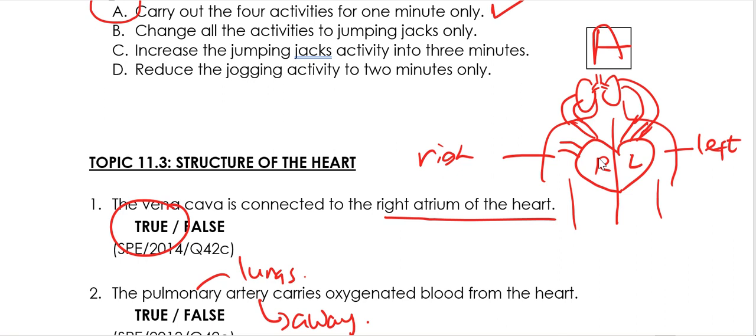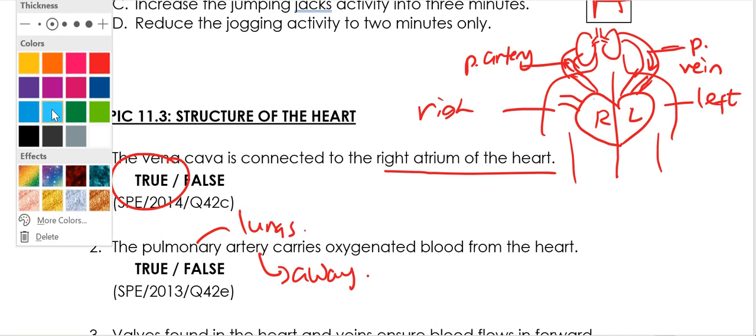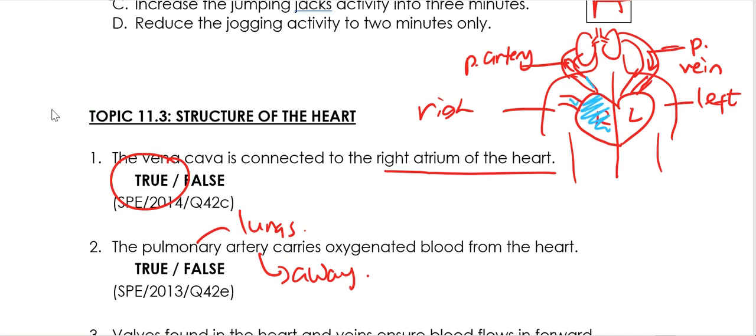So artery means away from the heart, right? So this is the pulmonary artery, and this is going back to the heart. So this is the pulmonary vein. Actually, this part on the right hand side is always the deoxygenated blood. And then after it goes into the lungs, finally you get the oxygenated blood.